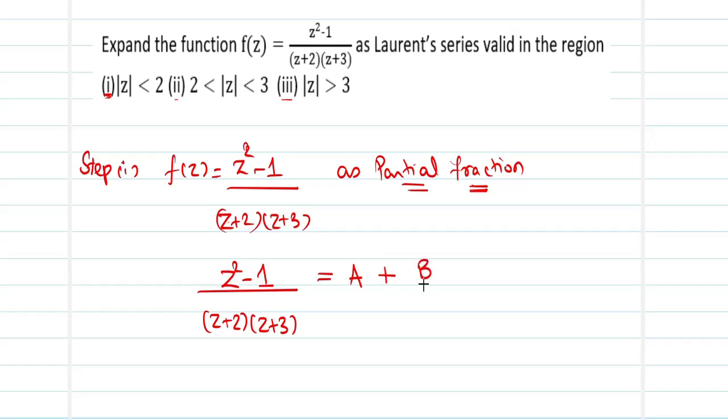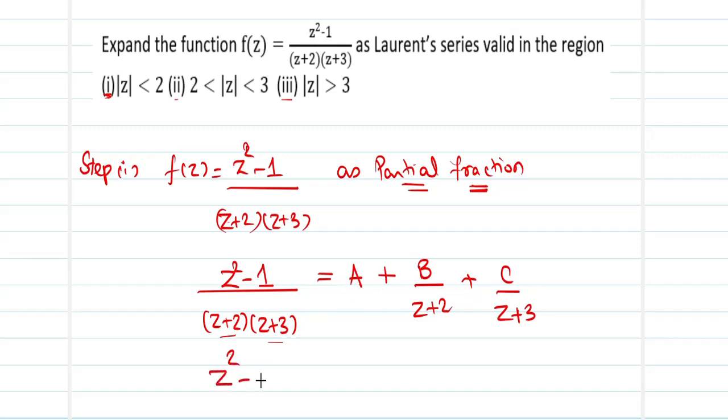Next go with b divided by z plus 2 and c divided by z plus 3. Normally we have a tendency of splitting one constant for the first factor and the second constant for the second factor, but we will try to ignore the numerator in many of the cases. So don't ignore the numerator. If numerator and denominator are of the same power, then give one more constant to be evaluated for.